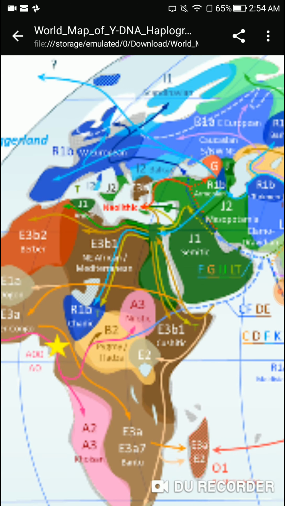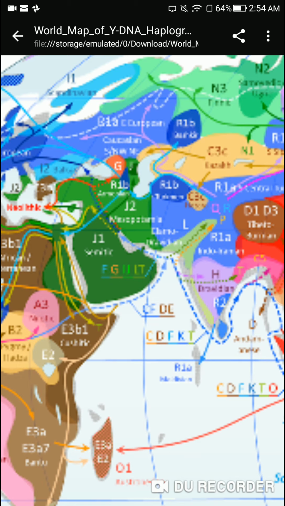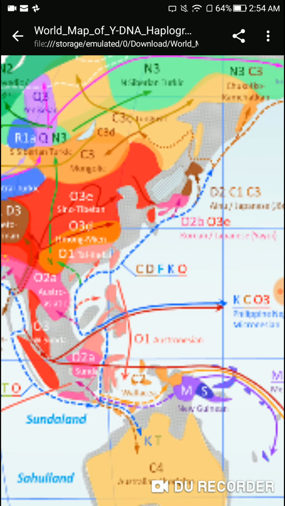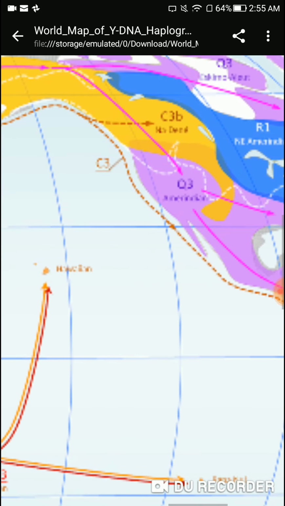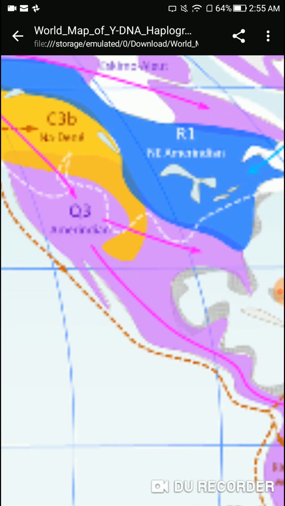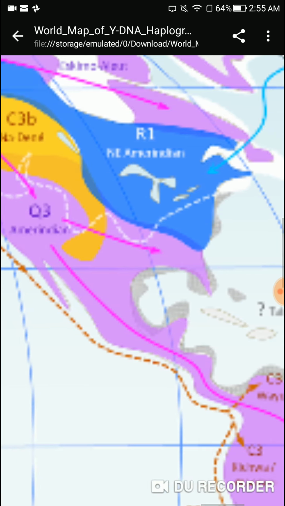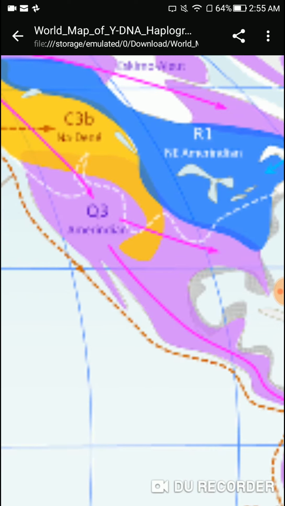So we have to get a quick understanding on if E1B1A isn't over here in the Americas on this chart, as you can see, the other markers, then these markers are not our people. So what you have is two races of people with three haplogroups representing two different races of people.